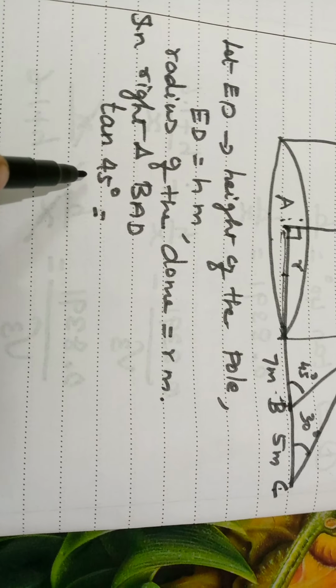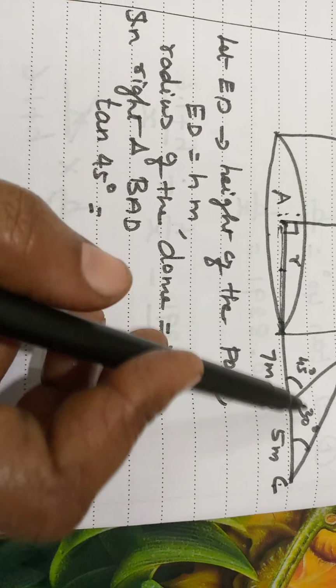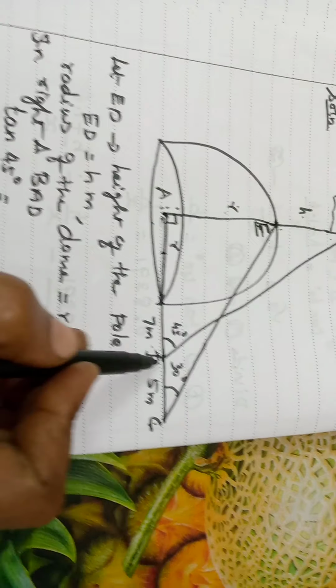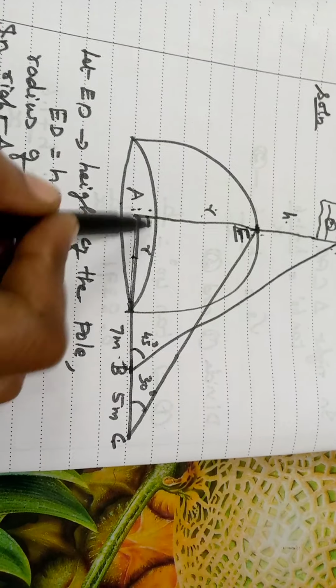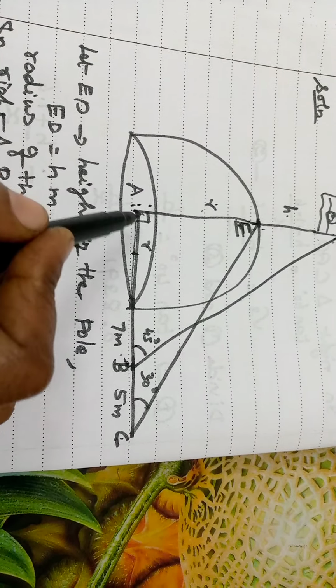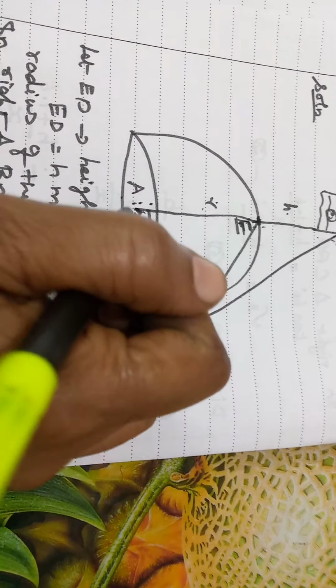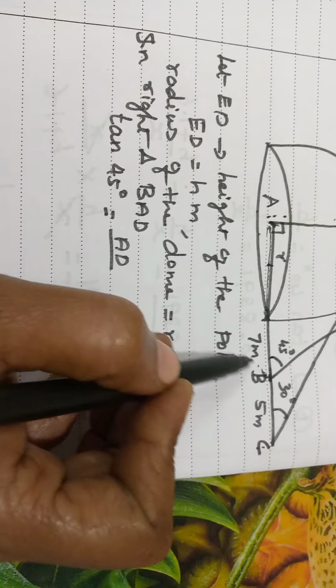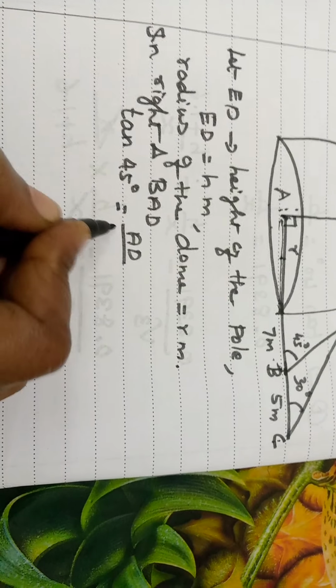Tan 45 is equal to opposite side. Okay, this right triangle we are taking, BAD. So opposite side we have AD, this total distance, by adjacent we have AB. Okay, AB.